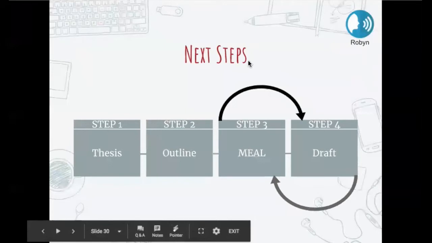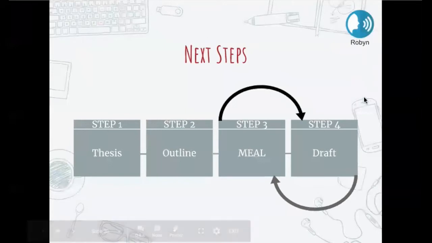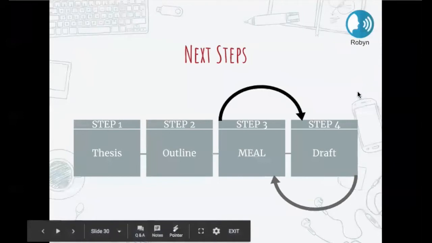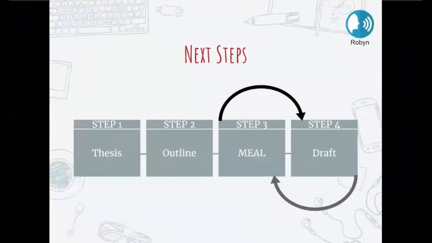Okay, so we're almost done. We're getting to our wrapping up. So we wanted to bring up this slide again for you to think about the 4 pieces that we shared with you today that are probably the steps you need to go through from when you've read a bunch of your sources until you have a draft. So we talked about developing a thesis.